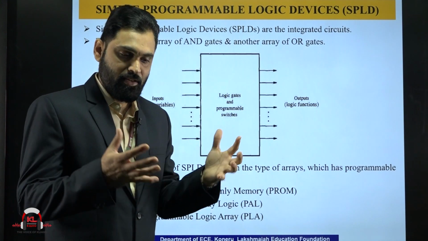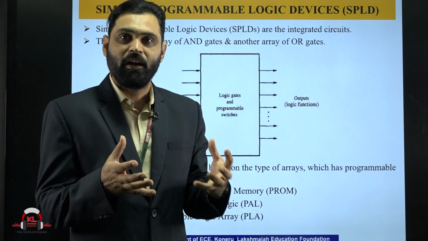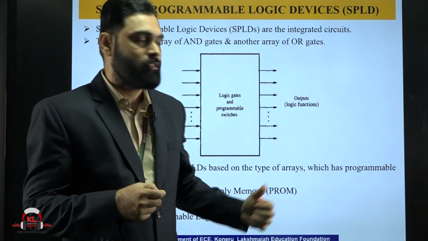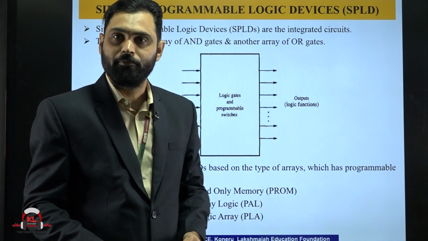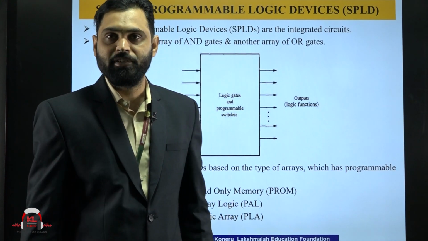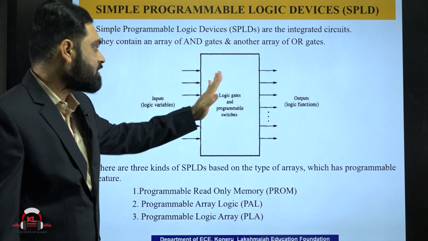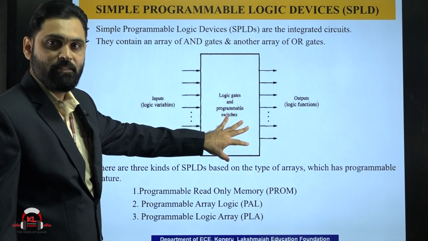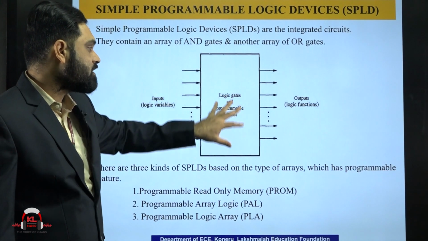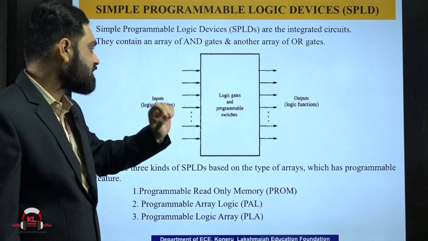That means a bunch of logic gates and switches will be there. If you want to connect one gate to another gate, these switches will help you. How you are switching determines which particular logic is generated. So the block diagram of a programmable logic device consists of a number of inputs, a number of outputs, and inside it gates and interconnection switches.